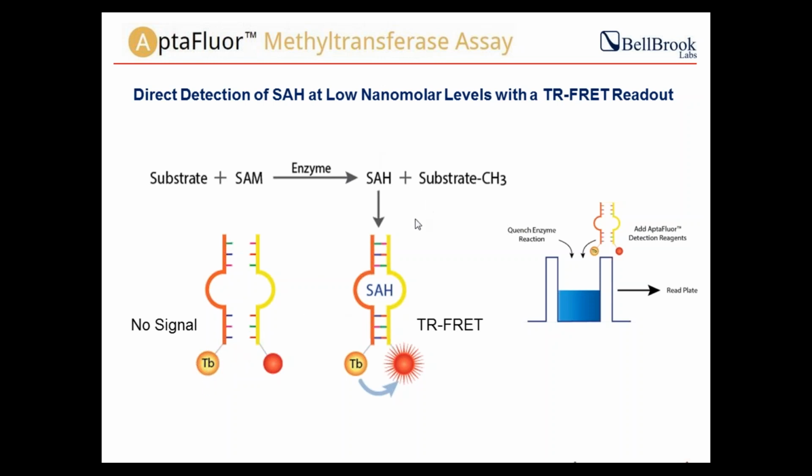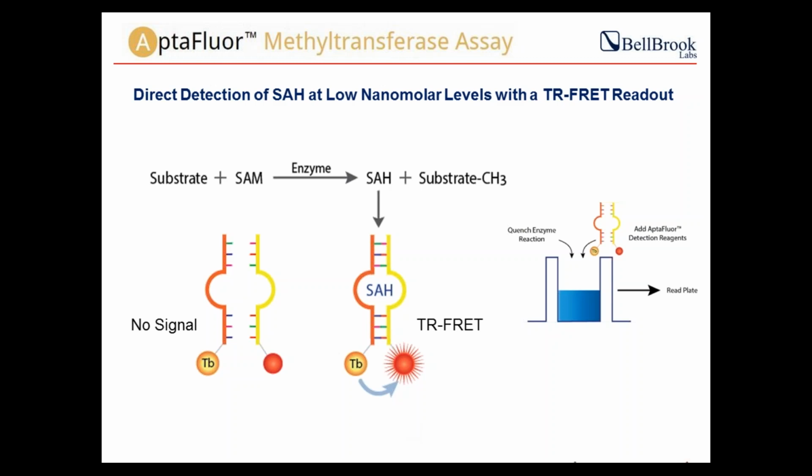So as the methyltransferase reaction progresses and SAH is formed, the SAH induces the two split parts to come together and recreate an intact aptamer, and we could then measure it using TR-FRET. That's what is shown here. We also have some data with FP, although we are just launching the TR-FRET assay at this point.